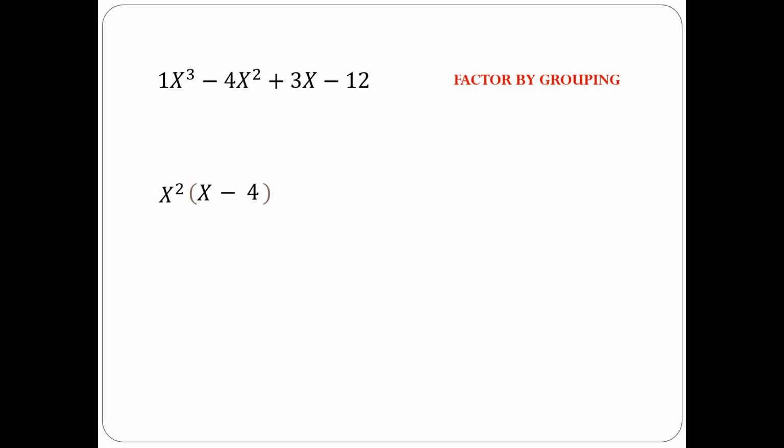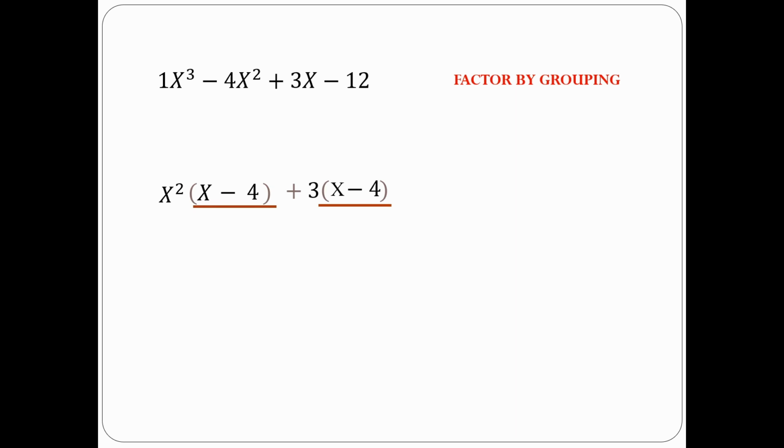Do the same thing in the last two terms. First factor out the GCF, which is going to be 3. So 3x divided by 3 is x. And negative 12 divided by 3 is negative 4. Now whenever you see this, if they are the same, that means you are on the right track.